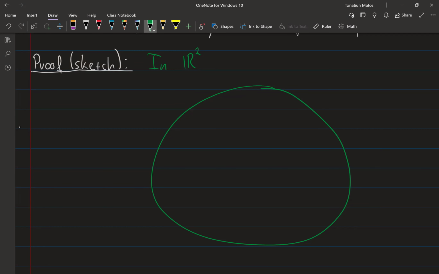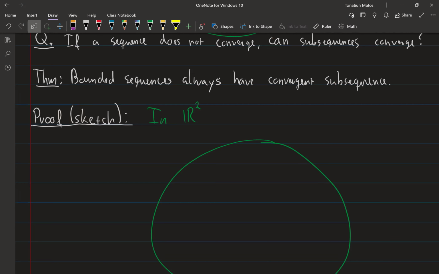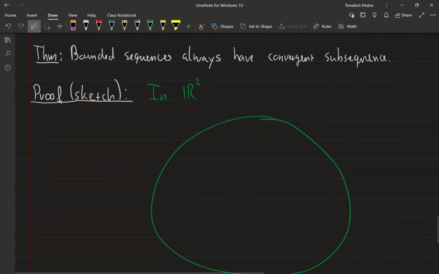Obviously, an unbounded sequence might not have any convergent subsequences, right? For example, if you take the natural numbers as a sequence, 0, 1, 2, 3, 4, 5, that is unbounded, and it doesn't have any convergent subsequences because all subsequences eventually go to infinity, right? So this is not true at all.